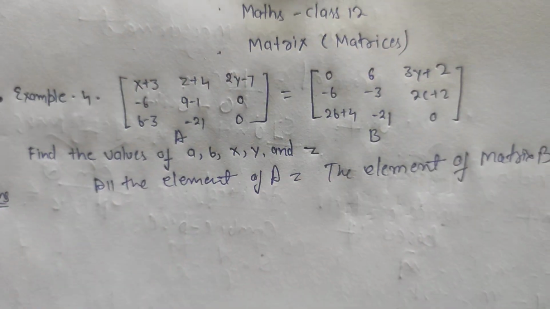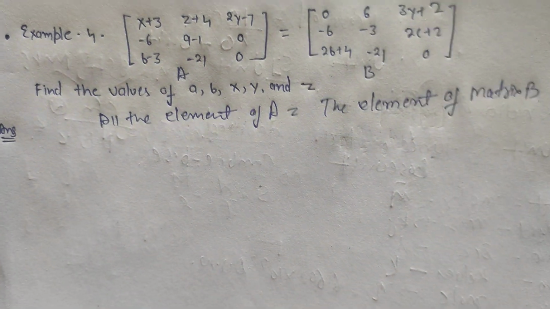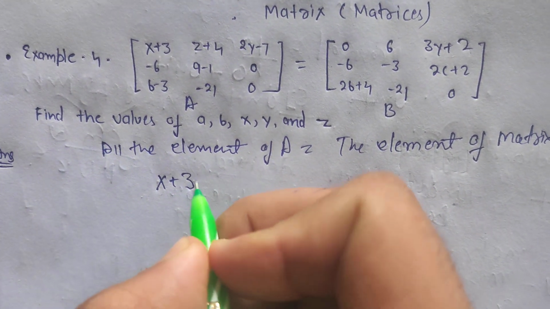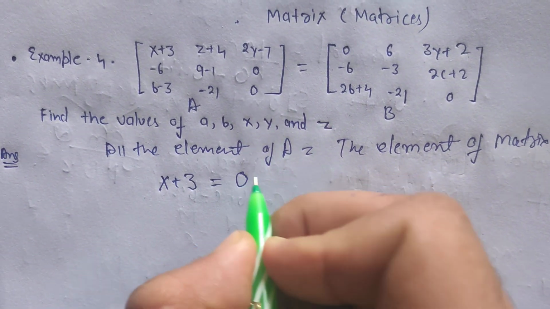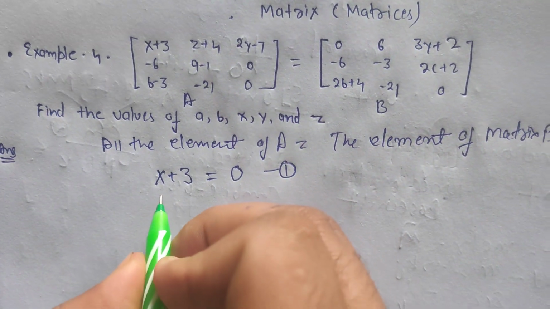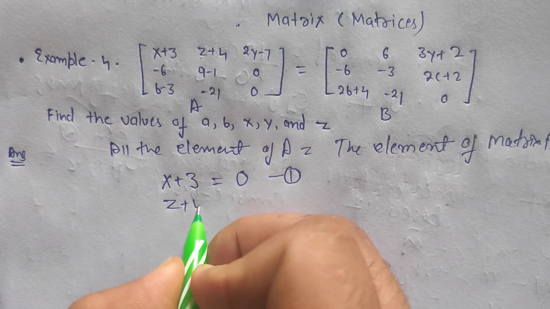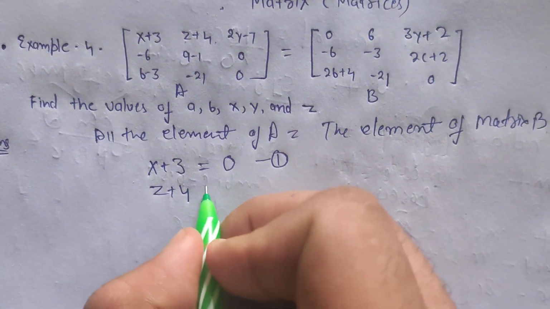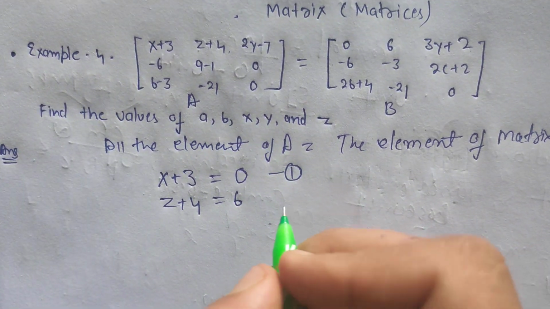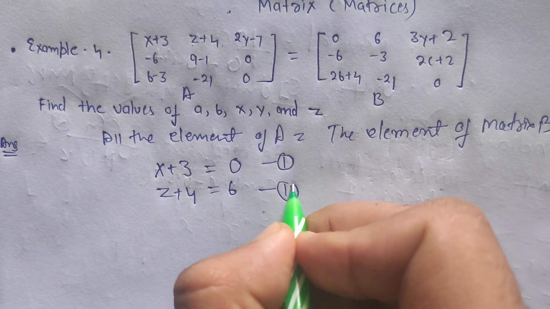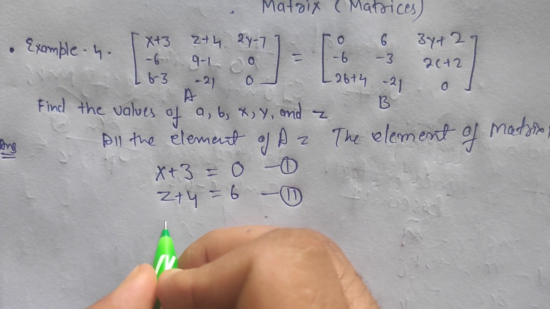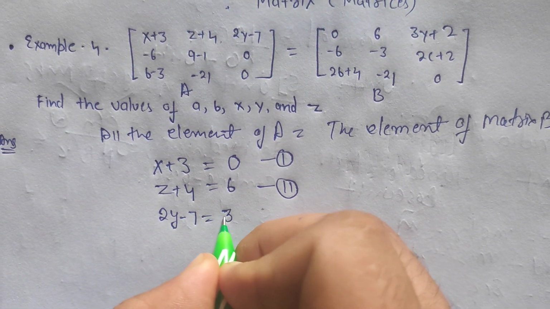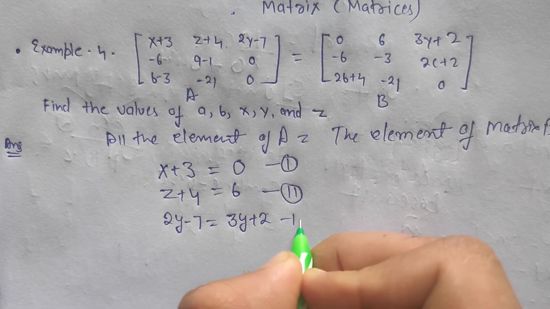Now we get x plus 3 is equal to 0, equation 1. z plus 4, which is A12, equal to A12 of B, equal to 6, equation 2. And 2y minus 7 is equal to 3y plus 2, equation number 3.